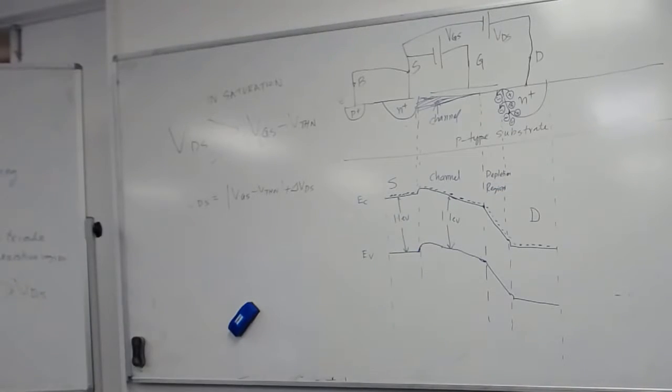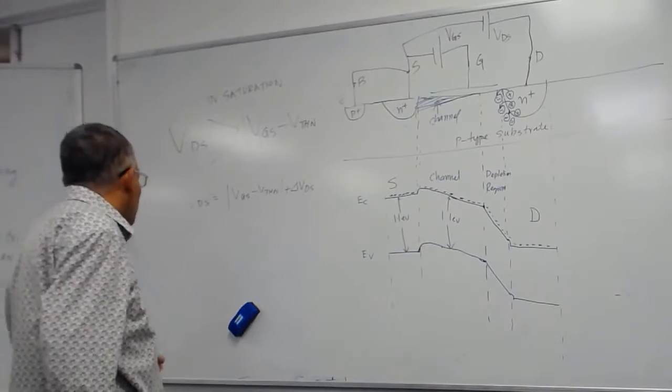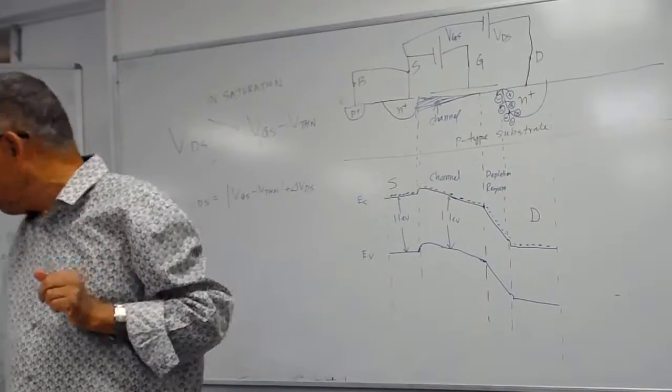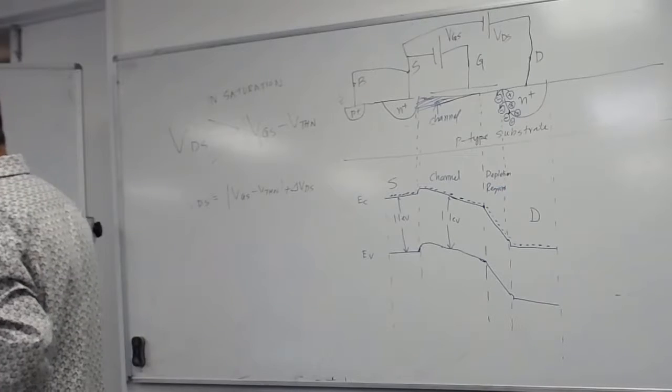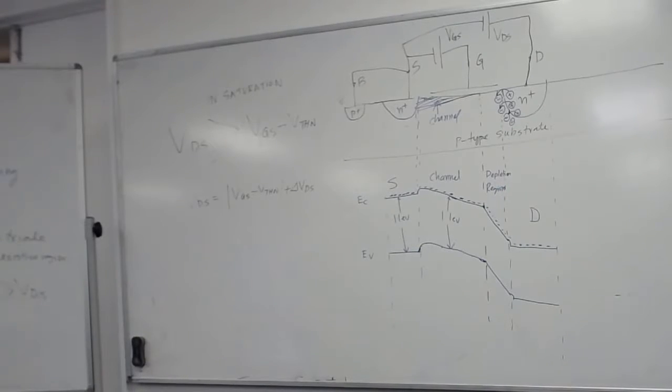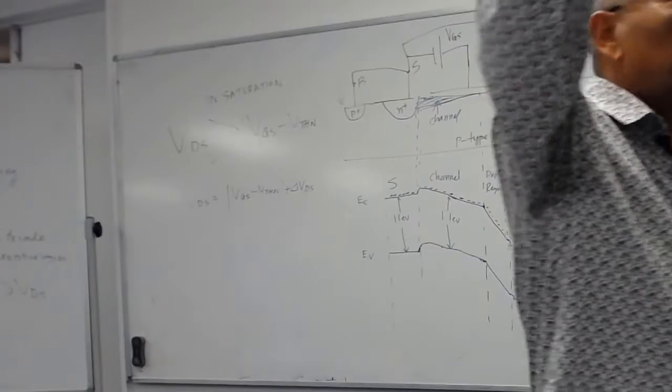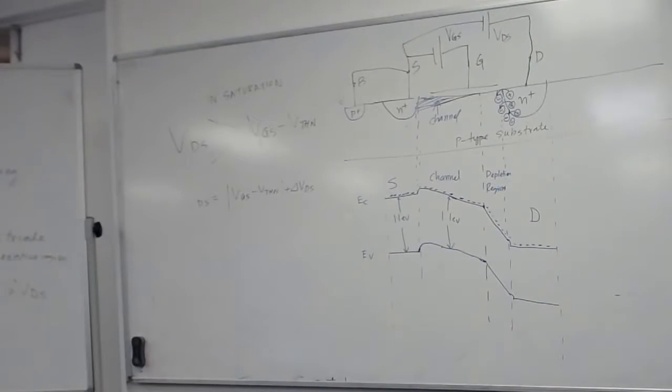Okay, so this is saturation. What do the curves look like, which we showed in the lab? Can anybody draw the current voltage characteristic curves for saturation and for the triode region?